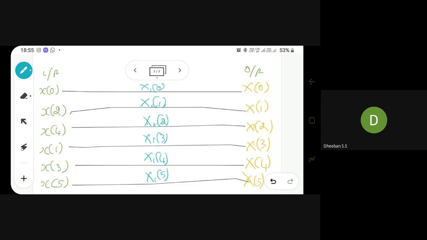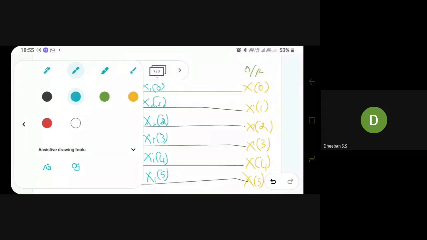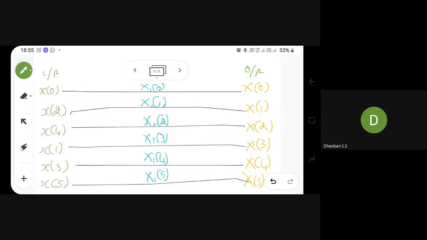Now the other things are similar. You will be connecting this point to this point, and here to here.